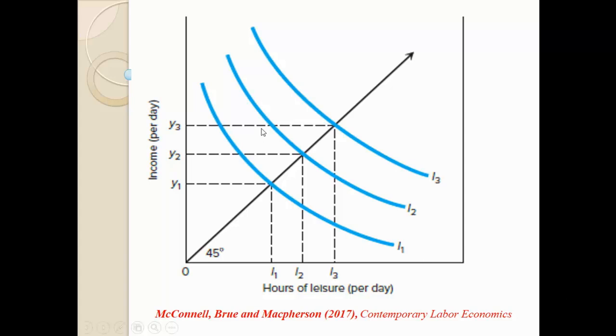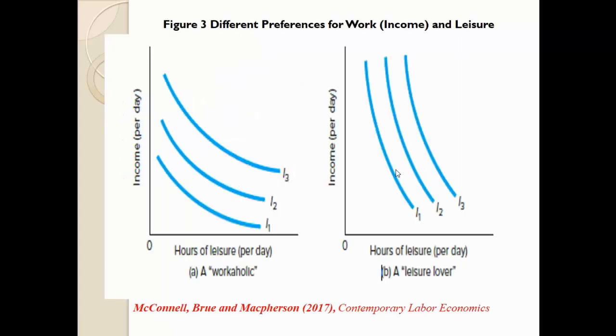I2 shows a higher level of income and leisure, and I3 shows a further higher level. As we discussed, a higher indifference curve, further from the origin, shows a higher level of utility.